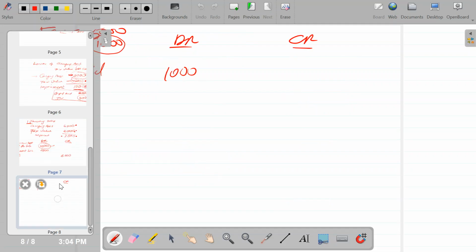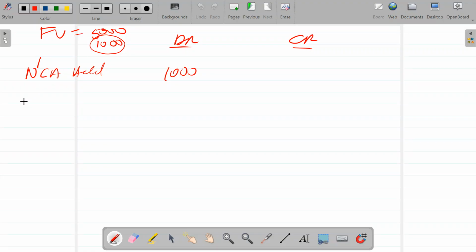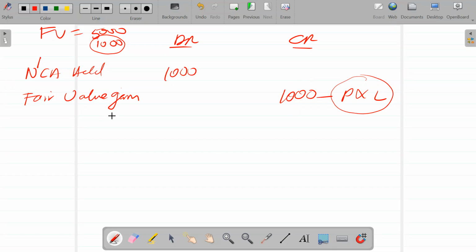Then, when we increase it, we also recognize a fair value gain, because this is a gain to us. Fair value gain of a thousand. This fair value gain will go into our P and L. Do you get it?